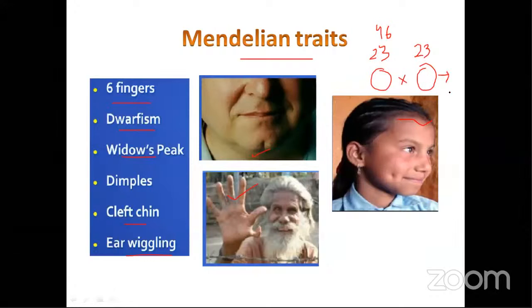Ultimately they form the 46 chromosomes. These are numbered 1 to 23 and the other set is also numbered 1 to 23. So chromosome 1 from the male parent and chromosome 1 from the female parent both look alike, but they may differ for the allelic constitution.